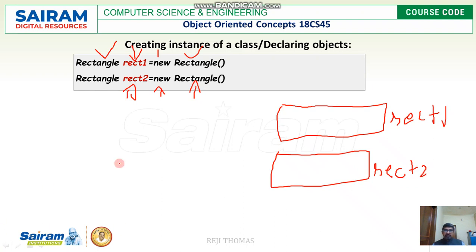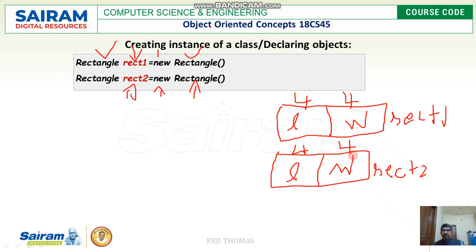And if you see the previous class, our class called Rectangle has two portions: 4 bytes for length and 4 bytes for width. In the same way for the second object, we are going to get 4 and 4. This is the length and this is the width. Again, this is the length and this is the width. So every object is going to have its own space for the data members.